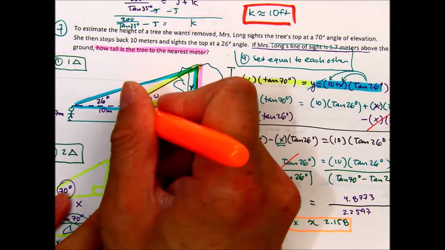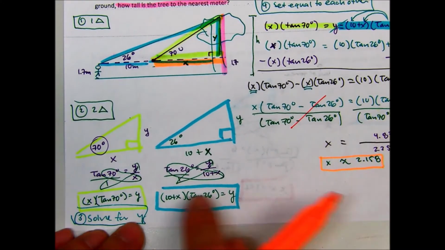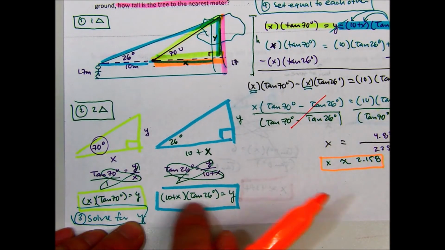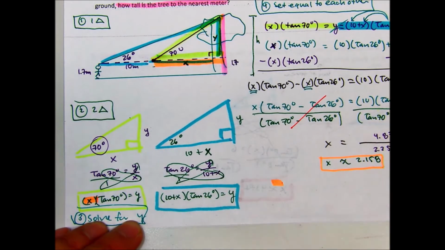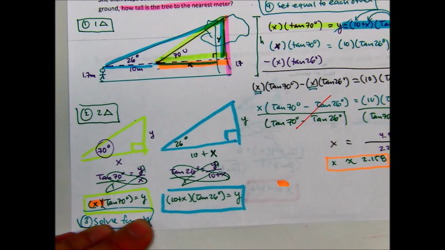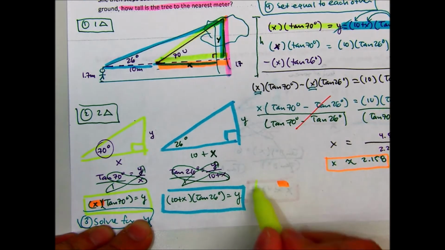I can use one of these formulas, which I'll probably use this one right here. Copy that, so it just says, that was my yellow box. And what I'm trying to do now is solve for the length of y.